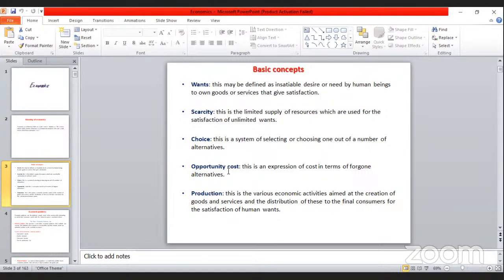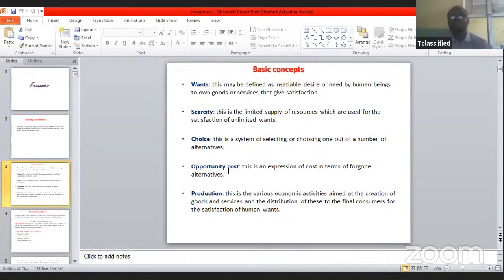Okay, sir. So wants are those insatiable desires or needs by human beings to own goods and services that give them satisfaction. Then number two is scarcity. When you hear the word scarce, what does it mean? Scarcity simply means limited in supply. When you say that this bottle of water is scarce, that means you cannot easily see it.